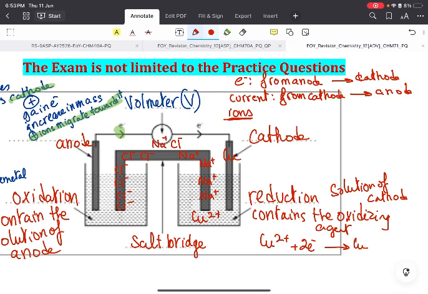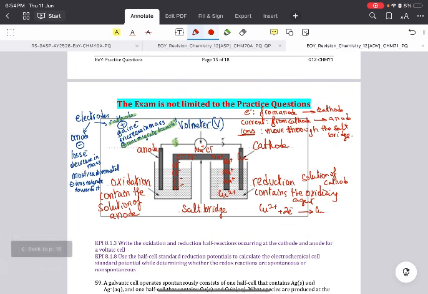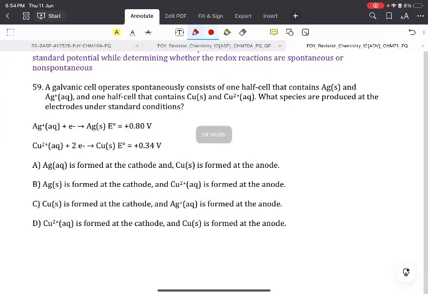The ions of the salt bridge, they move internally through the salt bridge. Now that's a lot of information. Pause the video and repeat at least 2 times to remember it. Moving on to the next question.